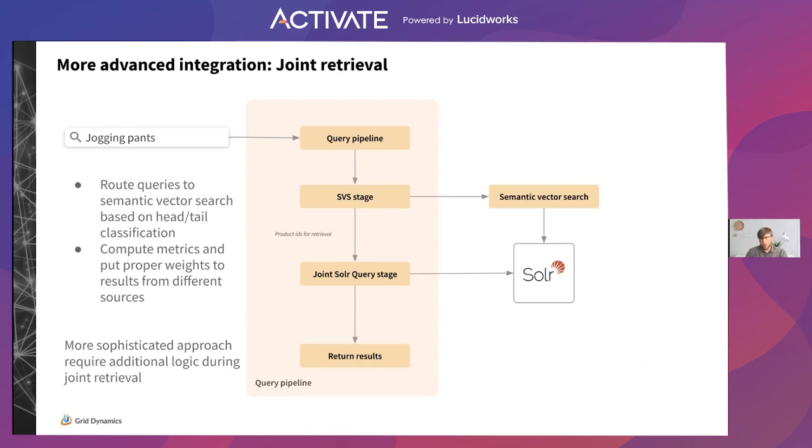If we did not understand it well, we can return semantic vector search, or we can just have a lookup for the query present in the head. If we've seen this query before, we'll probably think that the regular search will handle it better than vector search. There are many scenarios like this, and it's always challenging to find and compute proper metrics when using joint metrics, but it's still a solvable task, and it will give you much better results than just a fallback.